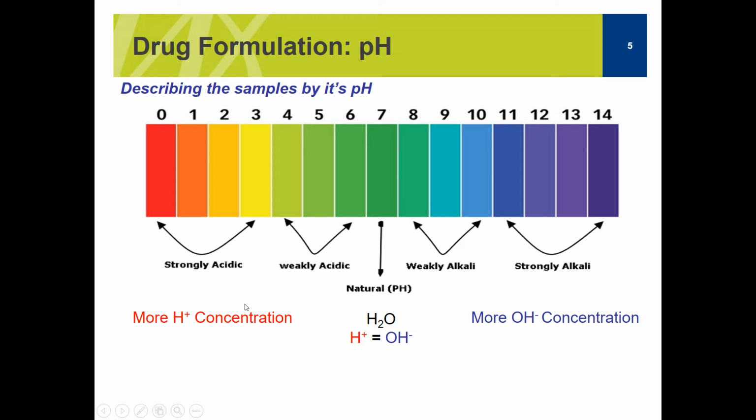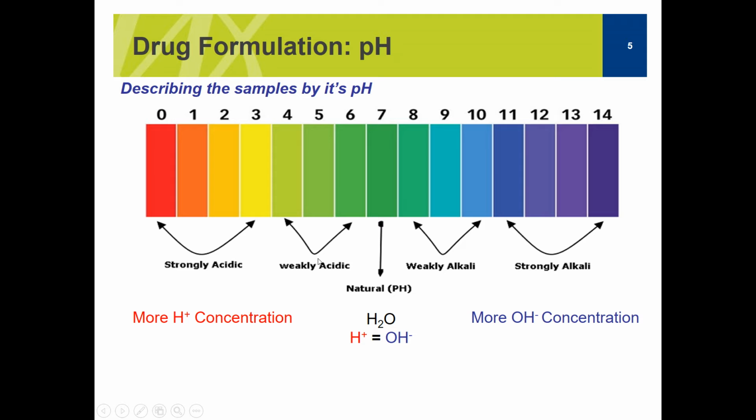Now, if we go to the left side, then the material becomes more acidic. What we mean by more acidic is that the hydrogen concentration increases. And this is a logarithmic scale. So one jump from 6 to 5, that's a huge jump. The scale could be deceiving, but going from 6 to 5 takes a lot of effort, and it's a big difference.